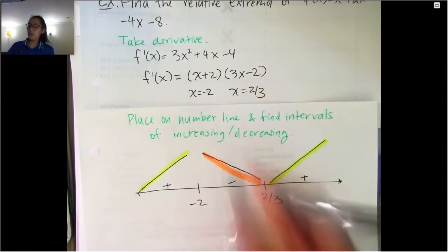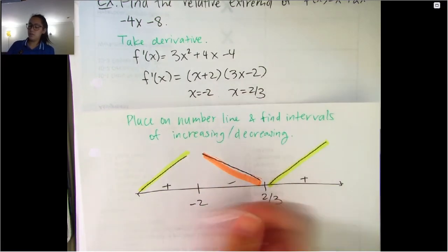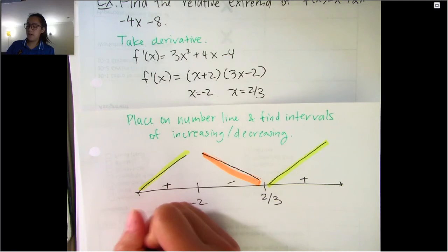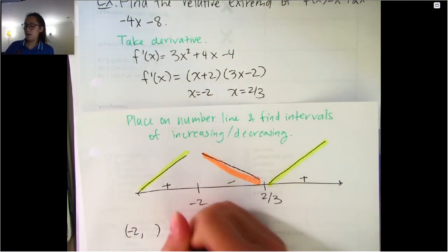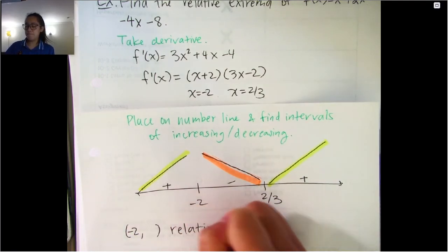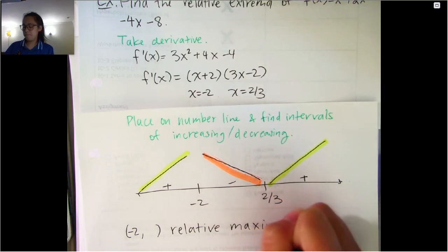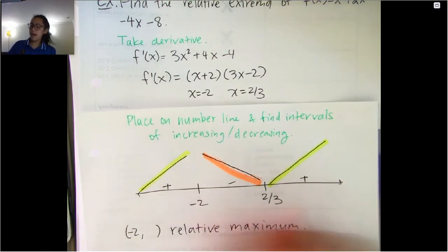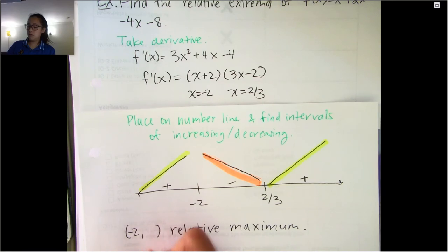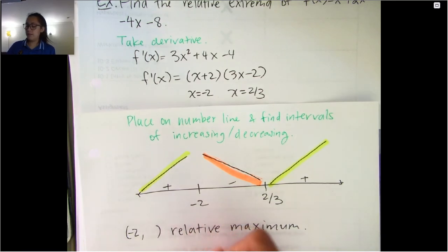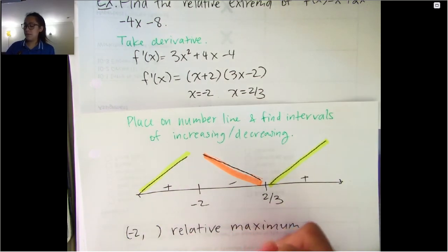So over here at x equals -2, we're going to have a relative maximum. And here at 2/3, we're going to have a relative minimum.